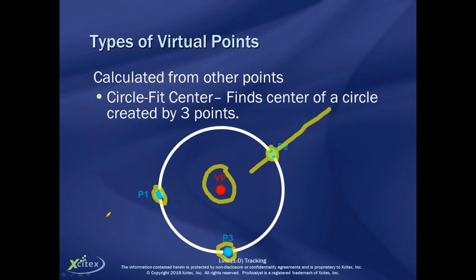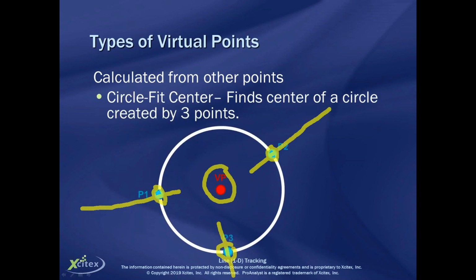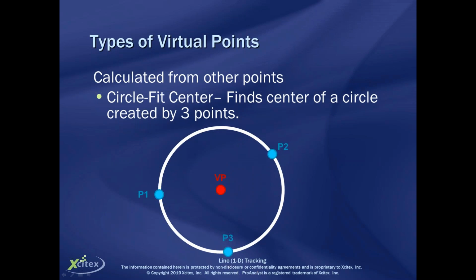So these points can be generated from 1D lines that go like this. And we can convert these 1D line points into 2D points as virtual points themselves, and then we can bring in a virtual point as the circle fit's center on top of that. Points upon points.